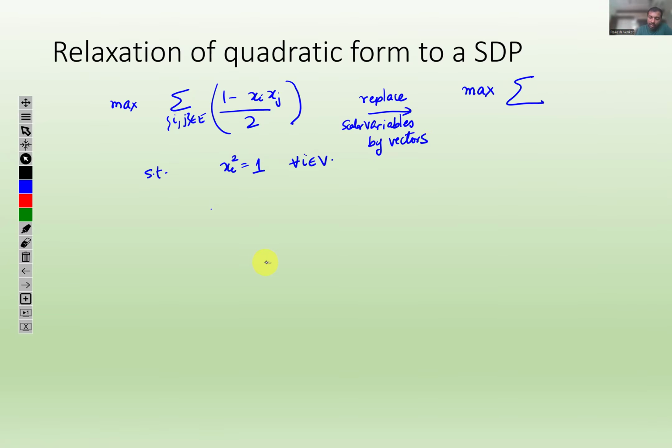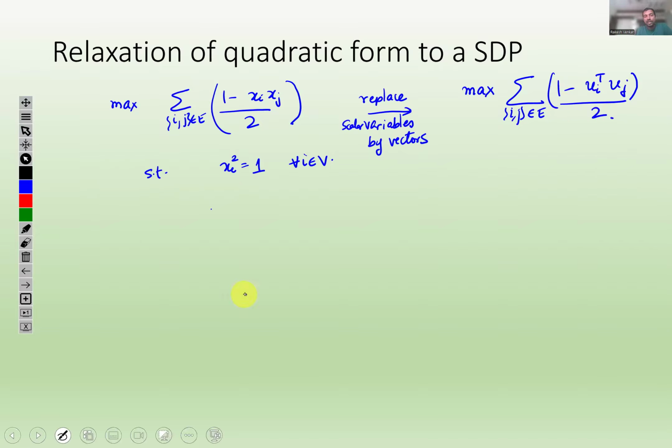I'm going to replace the usual scalar product here, xi times xj, by a dot product. So let me use u, because I've used u throughout.